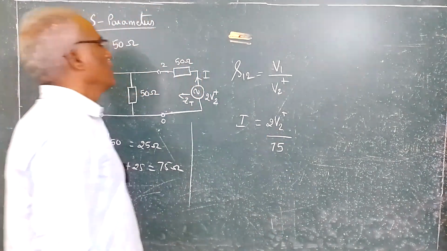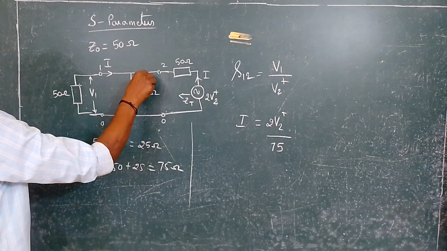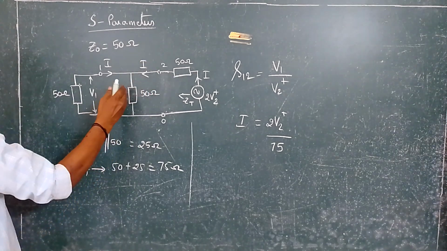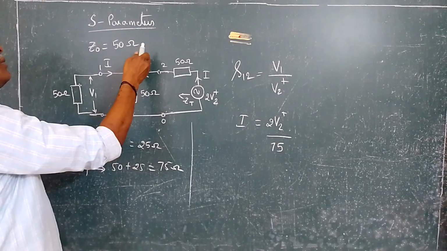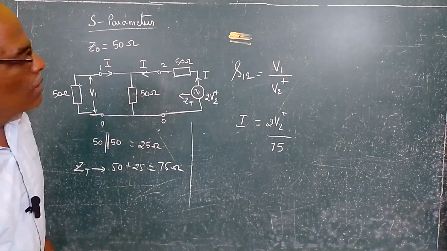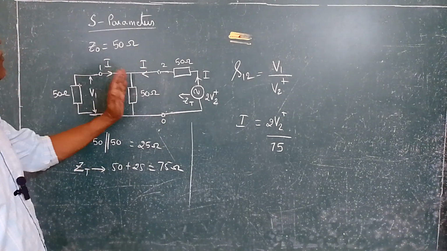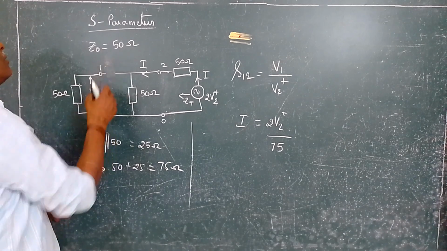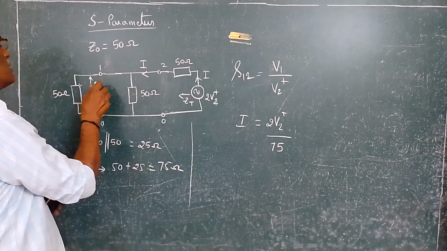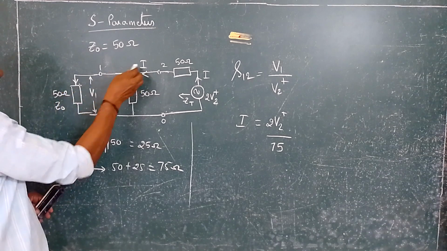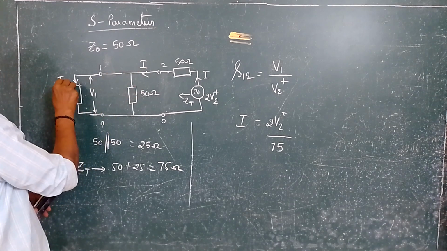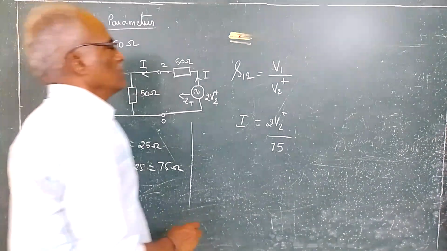Now this current sees two resistances of the same value here. That means if this is going to be 10 amps, then 5 amps will go here and 5 amps will go here. That means the current in the load is I by 2. So I call this IL.